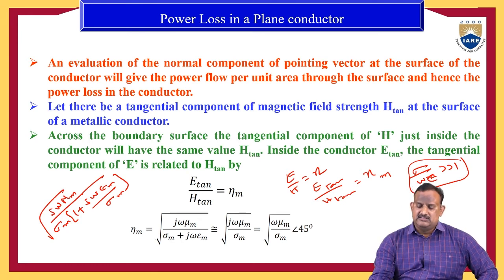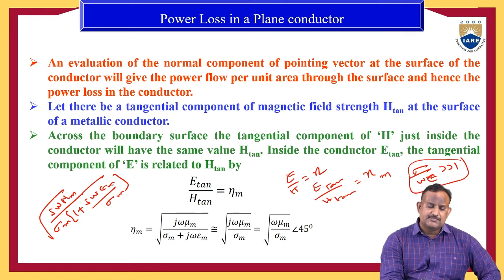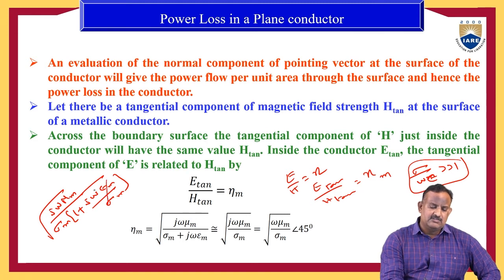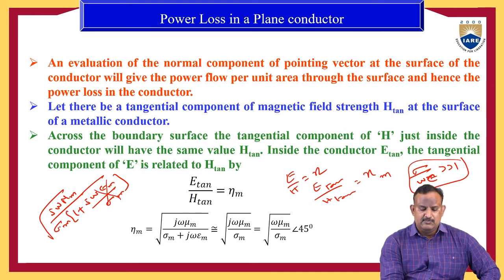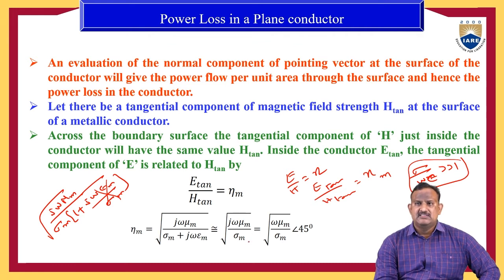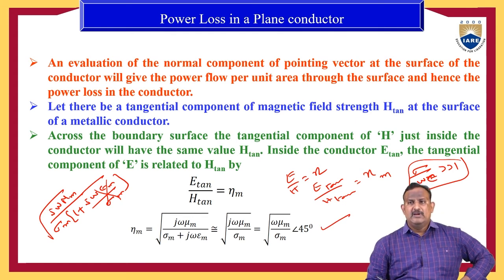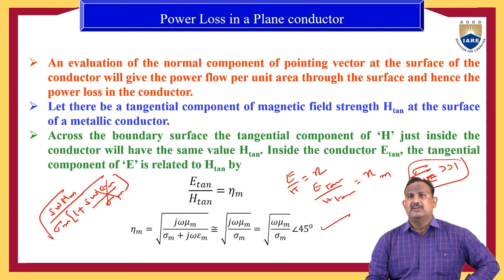If sigma by omega epsilon is very much greater than 1, then the ratio omega epsilon by sigma is very much less than 1, and we can ignore this part. Therefore, eta is equal to root of j omega mu by sigma, which is root of omega mu by sigma, with j represented as angle 45 degrees. So eta is root of omega mu by sigma with angle 45 degrees.